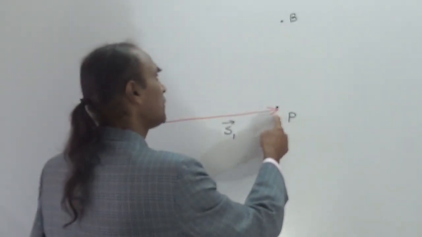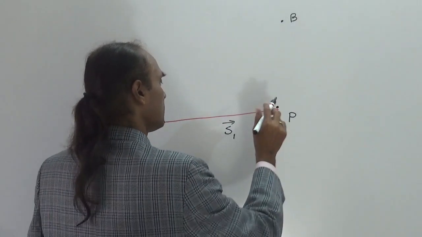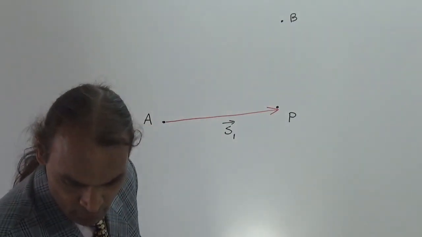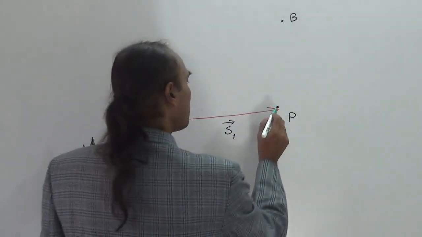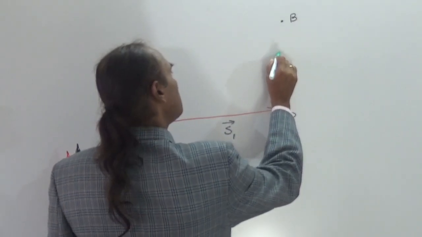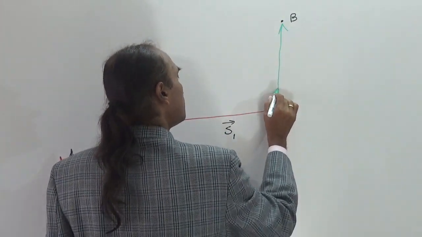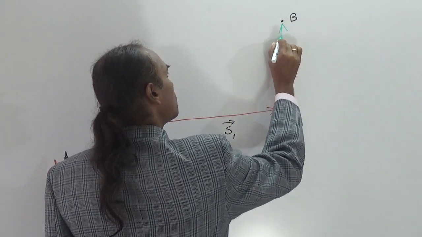Again, you move from P to B in a straight line. While you are moving, you are undergoing another displacement, that is the displacement S2.